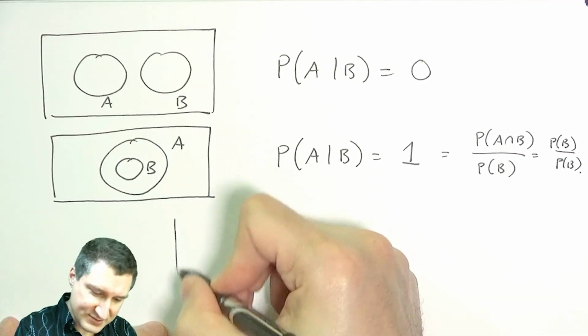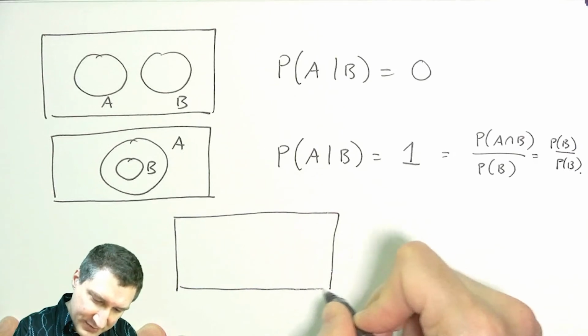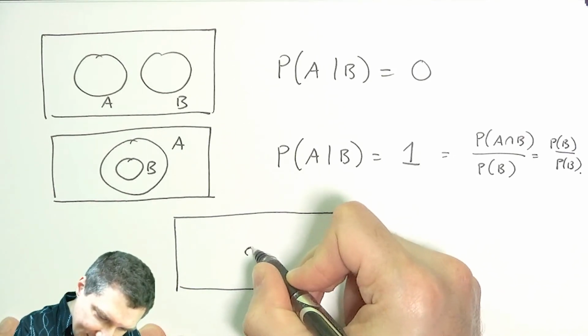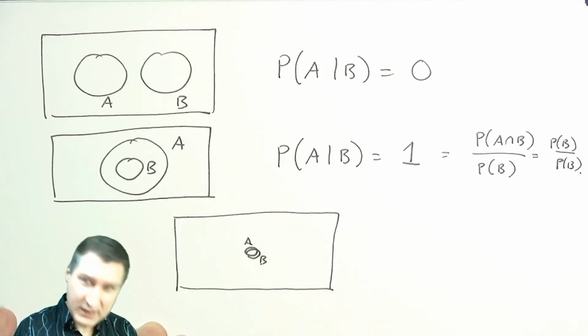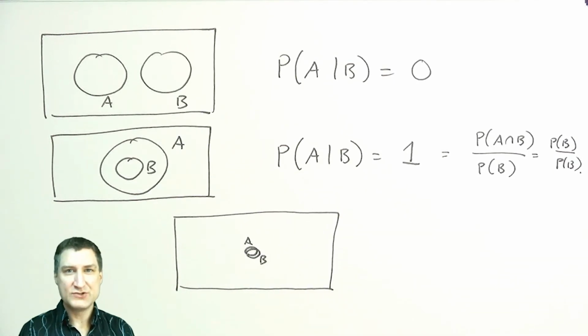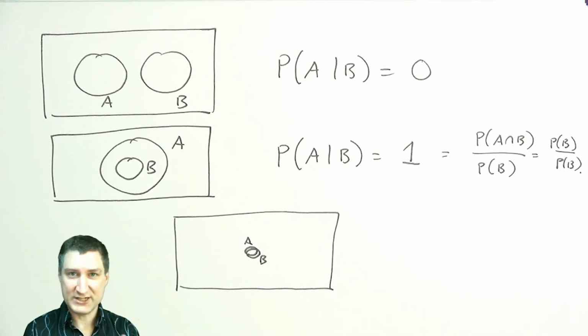Another case where this is useful is something like this, where I have A and B, and I'm drawing these really small. A and B by themselves are both super unlikely. They're very, very rare events. But if I see B, it gives me a lot of information about whether A happens.